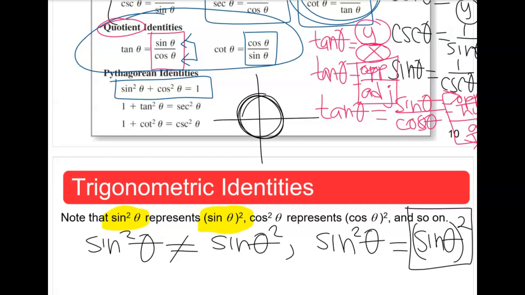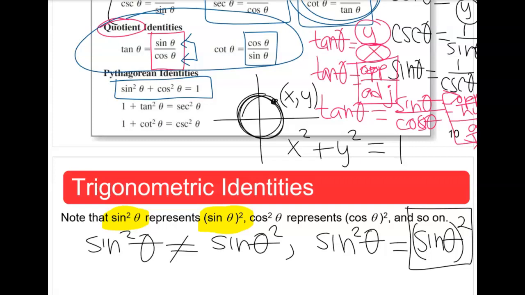We could use the unit circle. And we know that any point on the circle has the coordinates x, y, and if we wanted to write the equation of the circle, which we did when we started the videos for this class, it was x squared plus y squared equals 1, because for the unit circle the radius is 1, so 1 squared is 1.